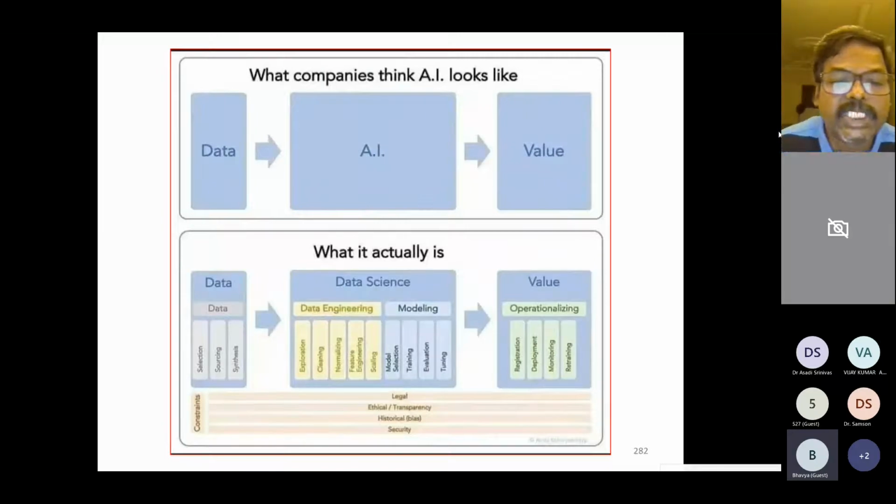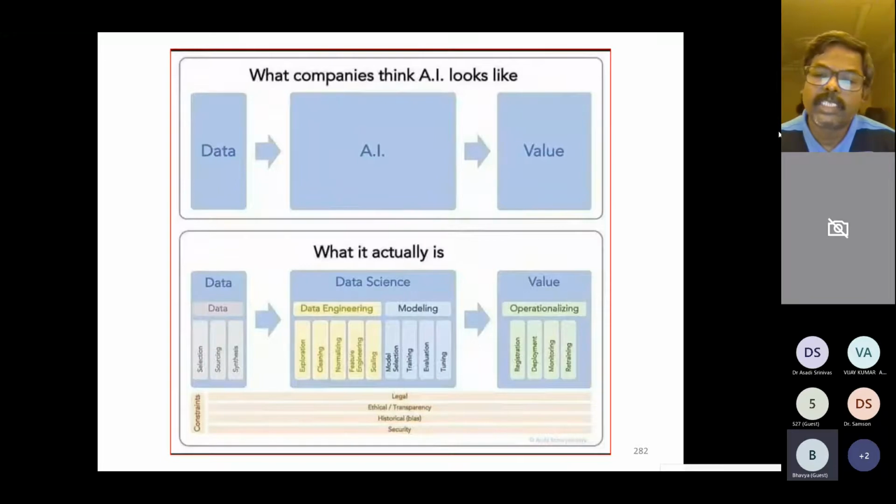What is meant by data engineering? Data engineering is nothing but exploration, cleansing, normalizing, feature engineering, and scaling. Then modeling, you can call it model selection, training, evaluation, and tuning. In the value, what is the value here?